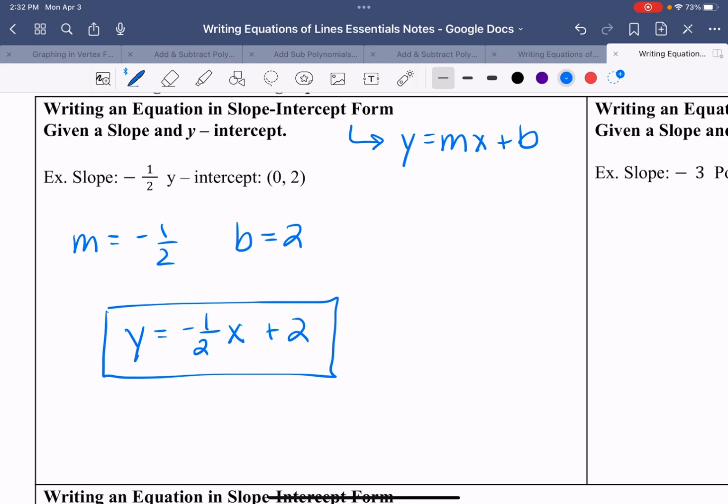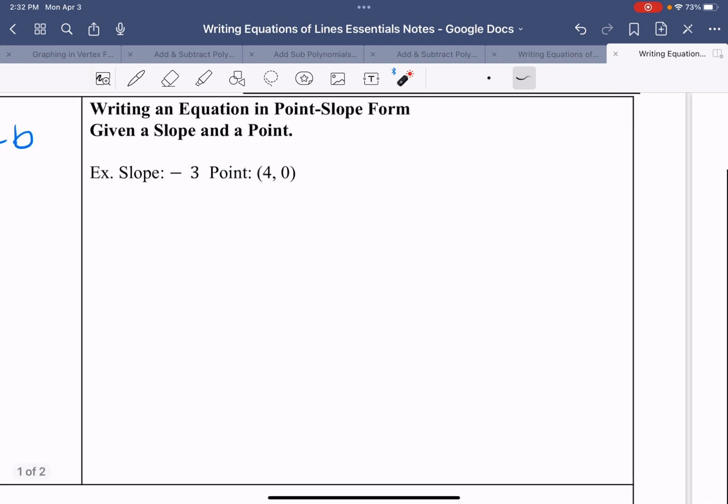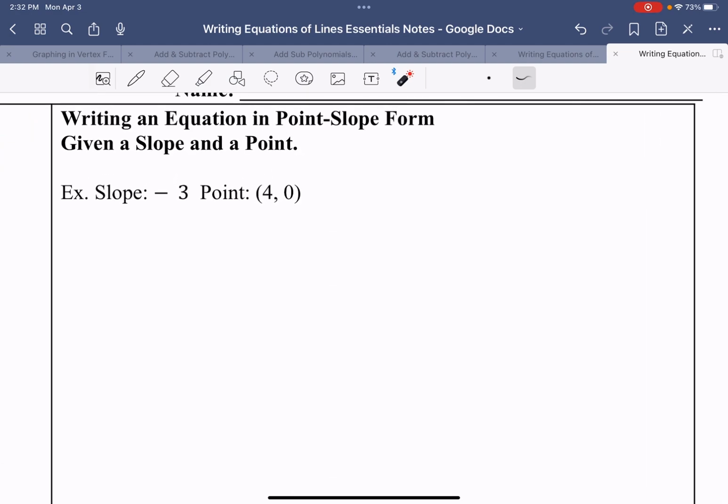So the next example is not slope-intercept form, so I'm going to highlight this is slope-intercept form, right? The next example is called point slope form. When you see it, you're going to realize this is quite simply y minus y1 equals m times x minus x1.